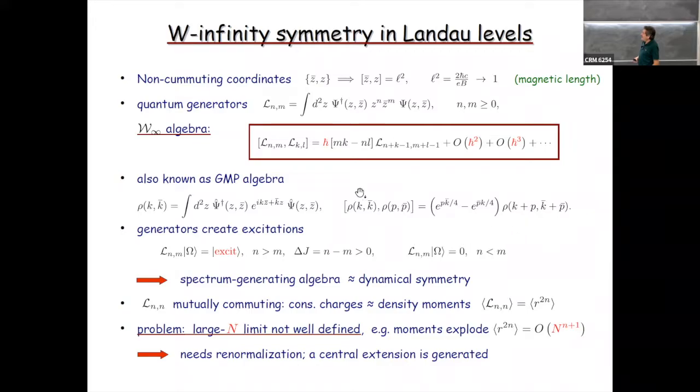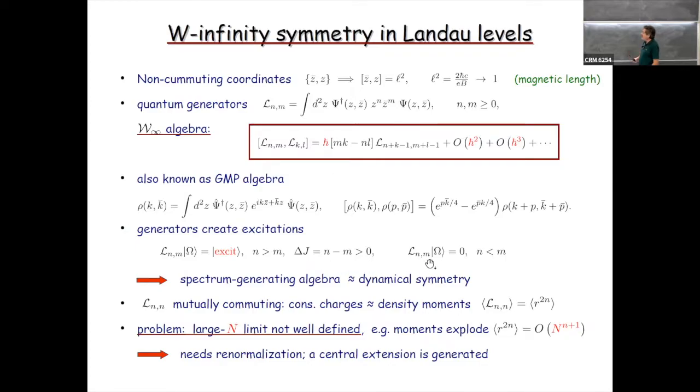However, this form is not very useful. What is useful is a polynomial, because polynomials on the ground state obey very clear conditions. For example, if I apply one generator to the vacuum, I realize the fluctuation we saw before for n bigger than m, because that creates a particle-hole excitation with a positive angular momentum, or positive momentum on the edge.